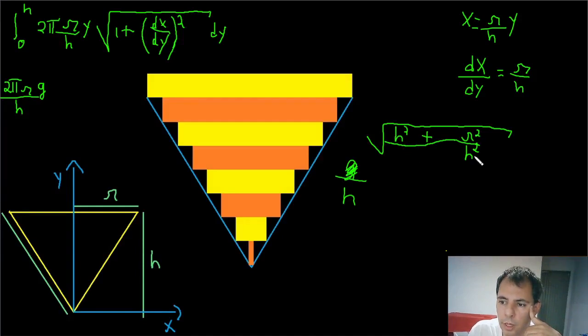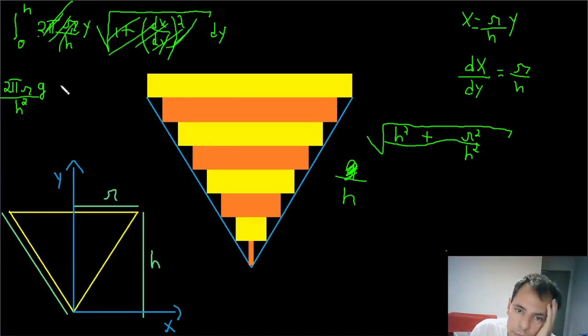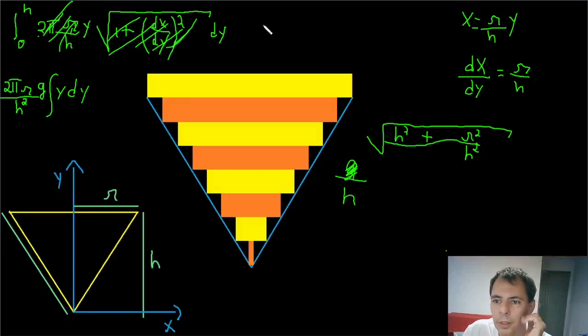It's the square root of 1 over h squared, so it's 1 over h. But you already have an h outside in here, so you square it. Because you already had an h in here, and now you have this one. So we eliminated this stuff in here. What's left? y, which depends on y, so it's y dy. Look at that. Thank God.